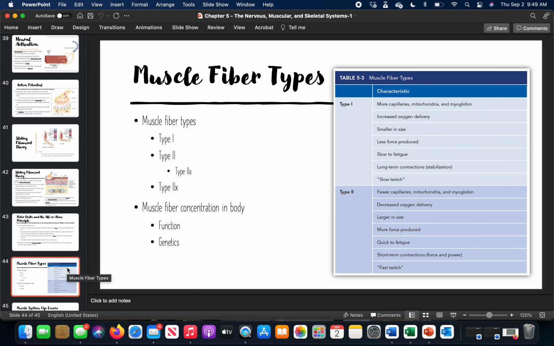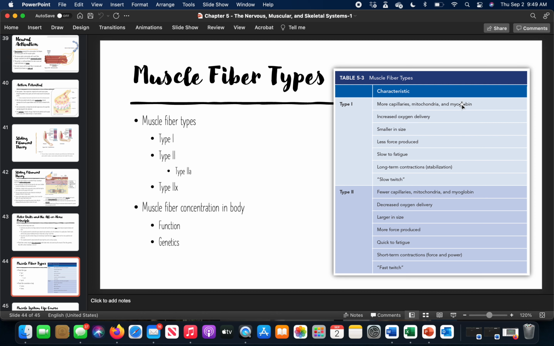So again, motor units are type 1 or type 2, but understand that type 1 motor units have type 1 muscle fibers, whereas type 2 motor units will have type 2 muscle fibers. The characteristics will help you. Type 1 is what we would call more aerobic. They typically have more capillaries, mitochondria, and myoglobin.